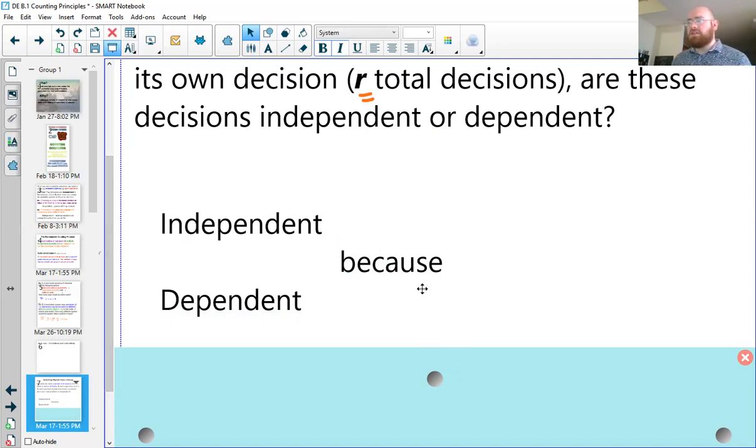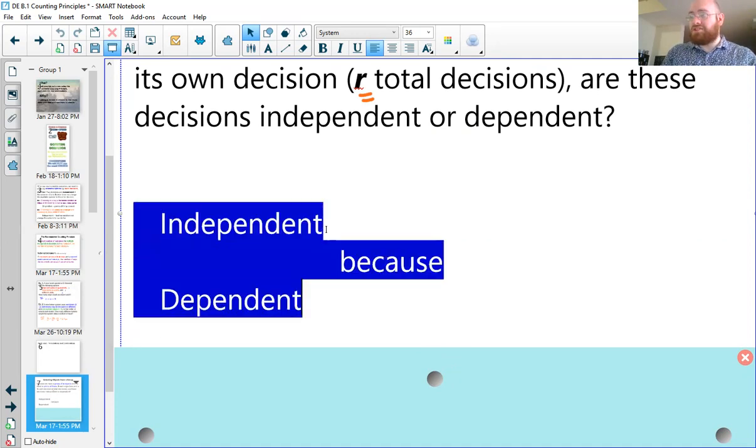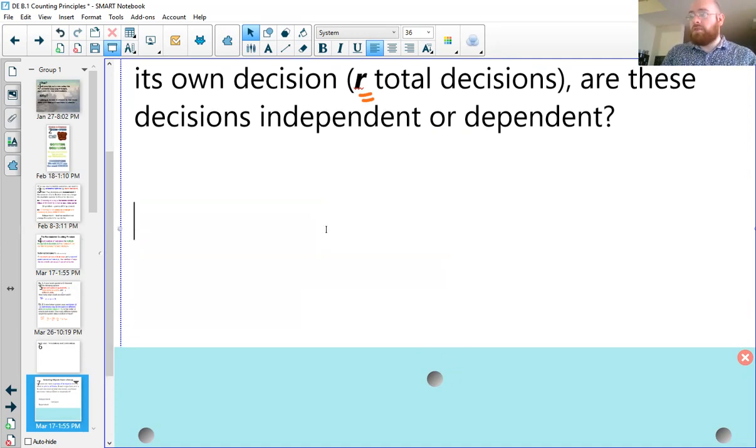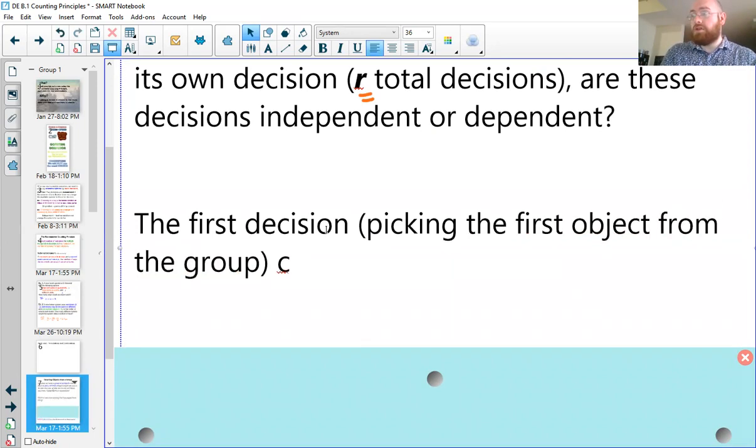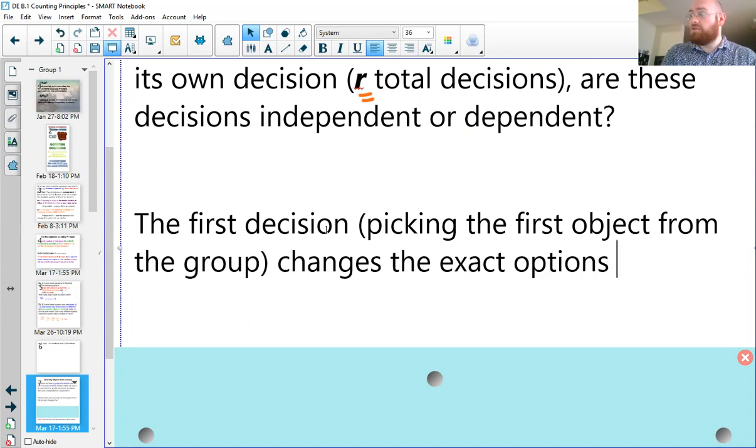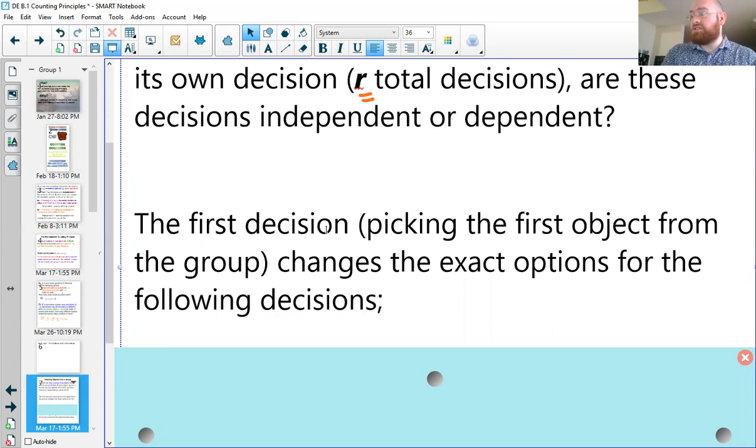So are they independent or dependent? And why might that be the case? So the first decision, let's in fact just get rid of that. So the first decision, picking the first object from the group, changes the exact outcomes, options, for the following decisions.